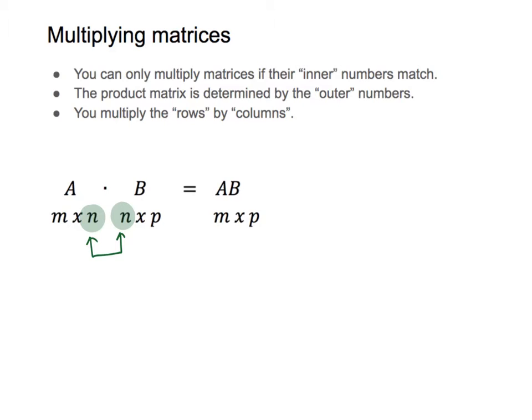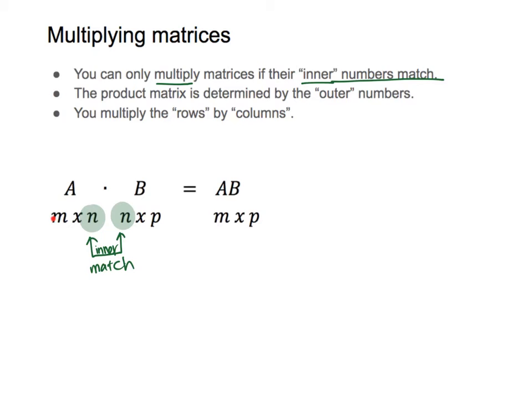I call these two numbers inside the inner size or the inner dimensions. And what they have to do is match. If they match, that means that you can multiply the matrices. If they don't match, kudos for you, you can just call it undefined. So you can't multiply them if the inner dimensions do not match.